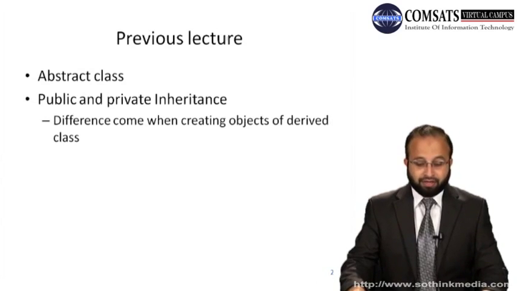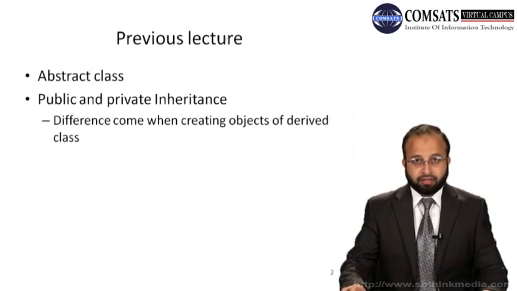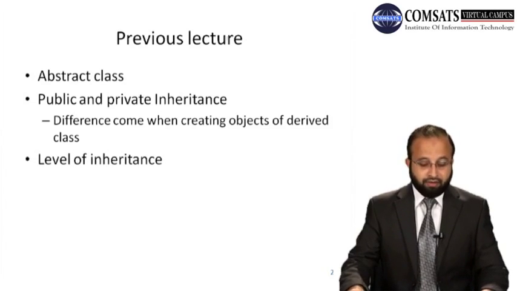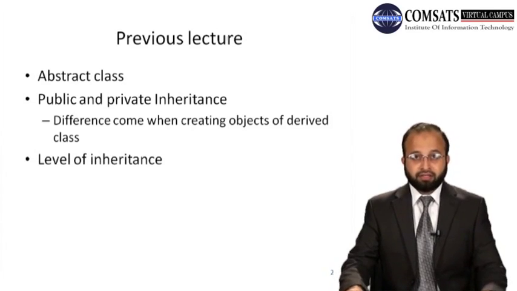So the difference comes when we create an object of the derived class. You have one class derived publicly, and another class inherited from a class B. The difference between public and private inheritance will be noticed when you create objects of the derived class, okay? So if it is public inheritance, the derived class object can access the public members of the base class, and if it is not public inheritance, the derived class object cannot access the members of the base class.